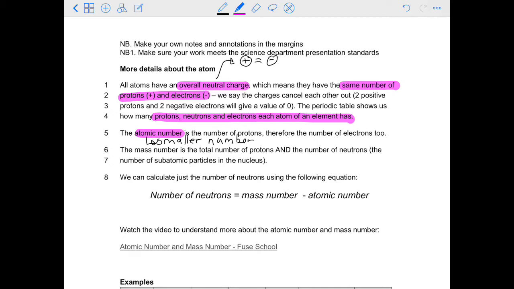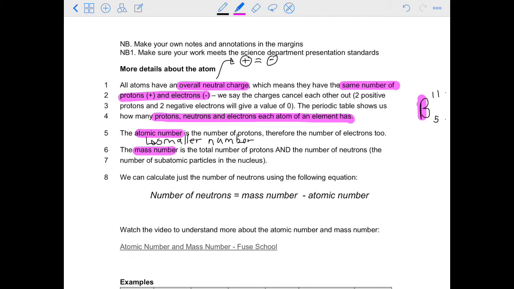It is also always the smaller number. So if you're looking at one element, for example, let's use boron, the periodic table I'm looking at has 11 on the top and 5 on the bottom. Because 5 is smaller than 11, I know that 5 is the atomic number, which means that 11 must be the other number, which is the mass number.